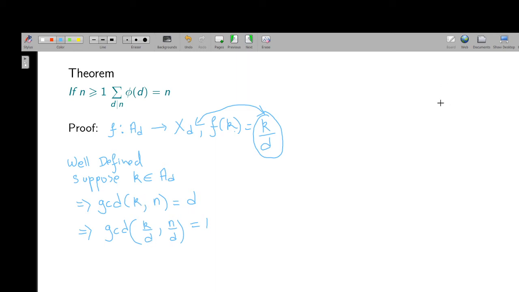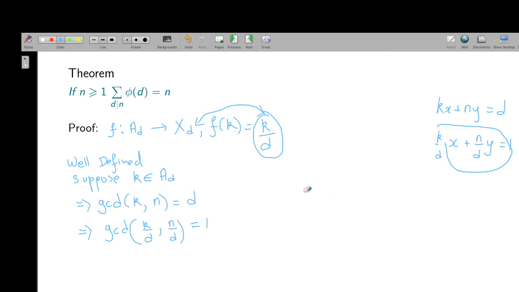If you're not convinced about this, I'll give you a fast proof at the side here. Since GCD of k and n is d, there is some x and y such that kx plus ny is equal to d. Now d divides k and d divides n, so we can talk about k by d and n by d. So this gives us k by d times x plus n by d times y equals 1.